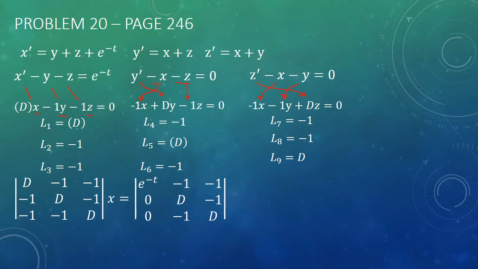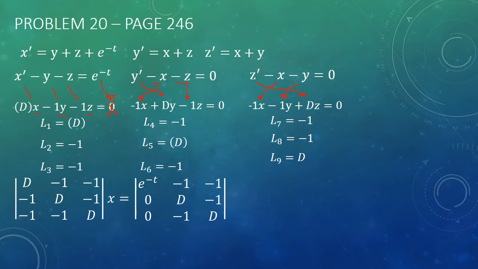And then I've reproduced this determinant over on the right-hand side, but removed the first column and replaced it with the functions. Okay, this is wrong. This should be that function. I replaced it with what my differential equation is equal to for the first equation, what it is equal to for my second equation, and what it is equal to for my third equation, the x equation, the y equation, and the z equation.